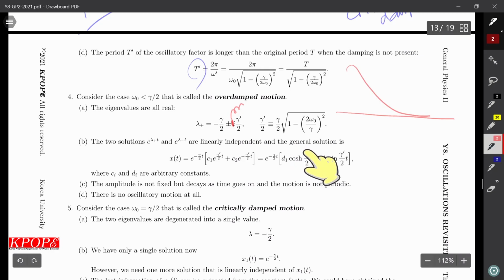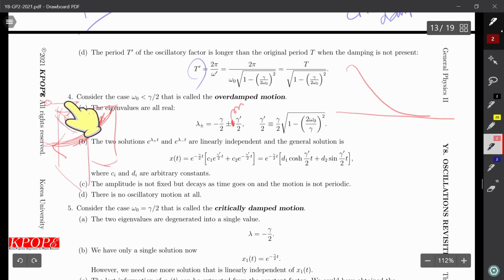For example, if your door hinge has a very strong frictional force, then the door does not oscillate. Instead, when you open the door and it returns to close, because of a large damping force, it slows down and does not oscillate.